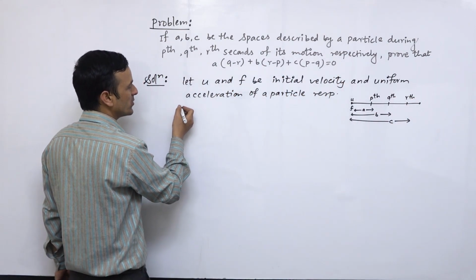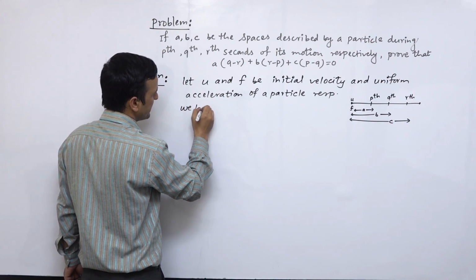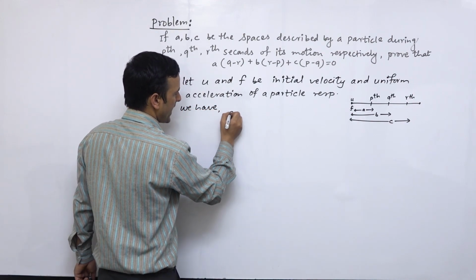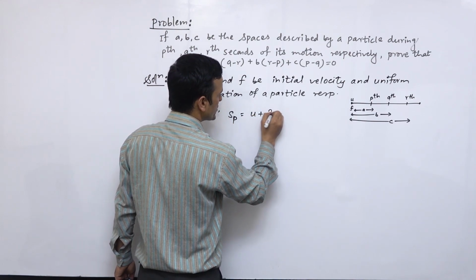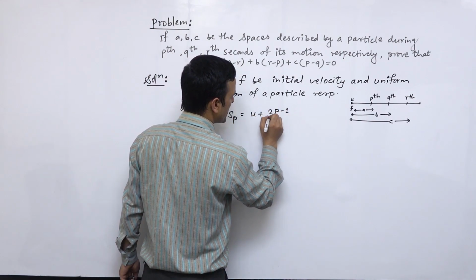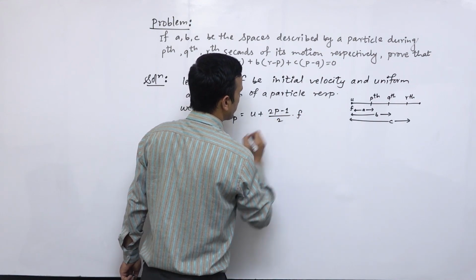A, B, C are the distances covered by that particle for the pth second, qth second and rth second. So we can write down, we have Sp is equal to u plus (2p minus 1) divided by 2 into f.